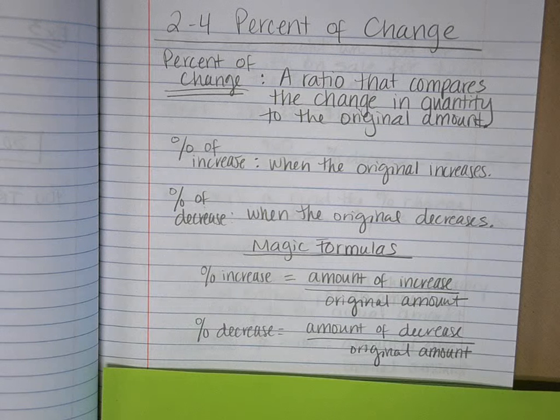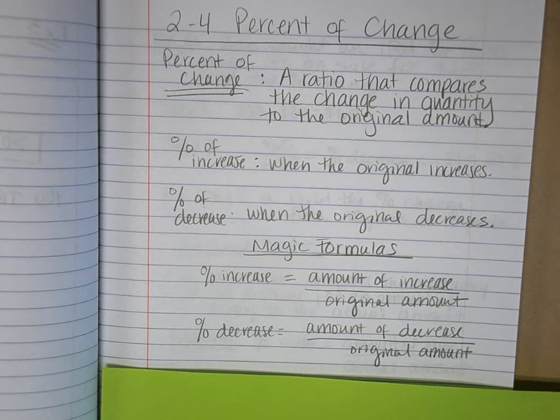So you notice both of them are over the original amount, the starting amount, right? That's not going to change when we do these. Just the amount of increase or the amount of decrease will change, and we get that by subtracting, right? So we're always subtracting and we're always dividing by the original amount. That's never going to change. It's kind of like how you're setting it up in a fraction, right, a ratio. Are we going to divide it? Yes. Always dividing by the original amount.